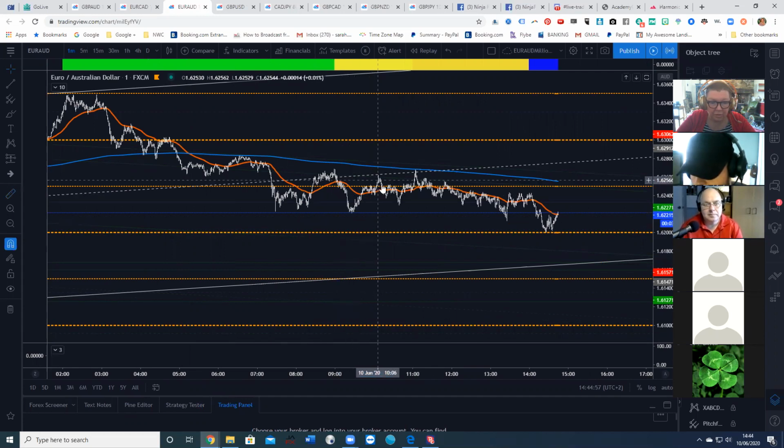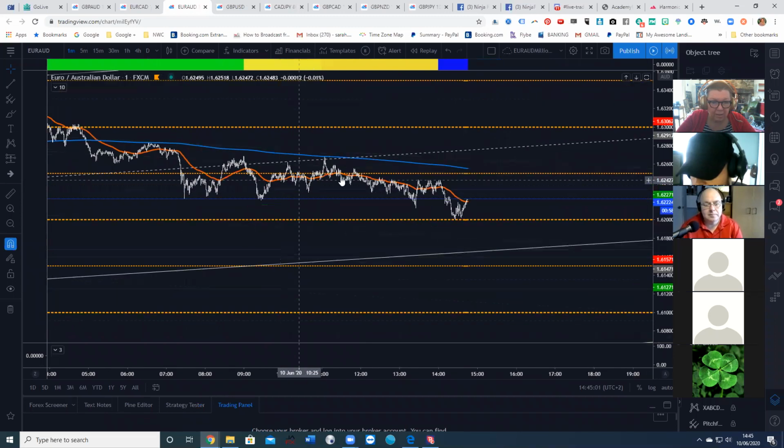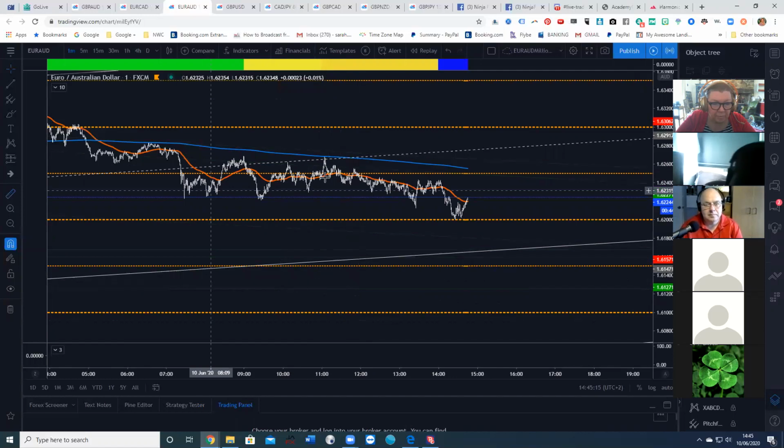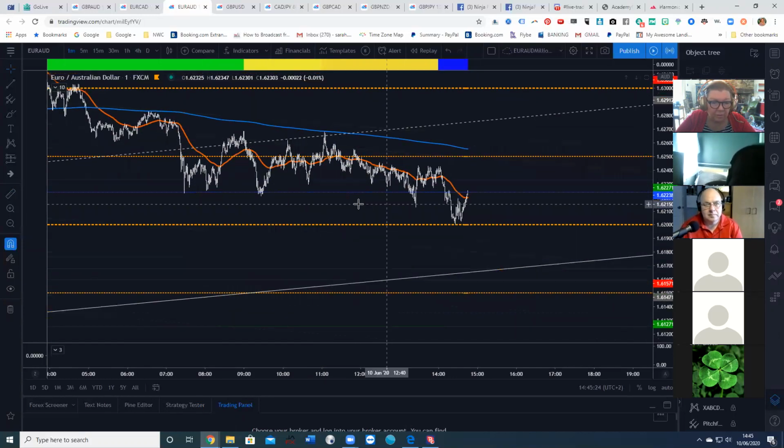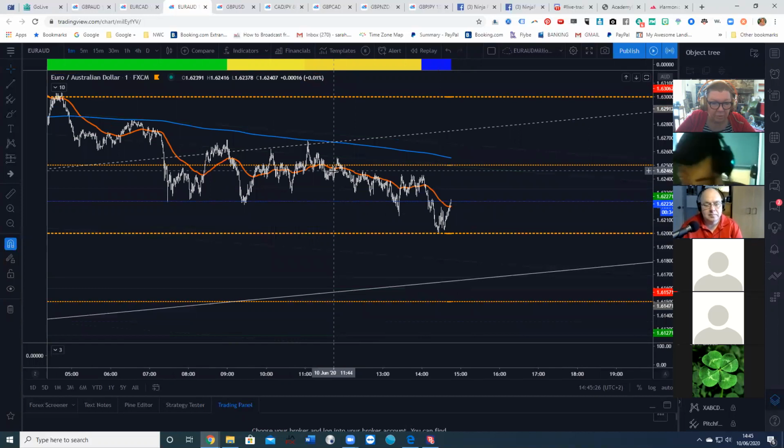Back up to the pitchfork, probably not quite so much there. And if you got in here, so rejection off pitchfork, quarter theory, and under the 62. And it only did 5 pips there, so it was a slower, that's the better move, I think.